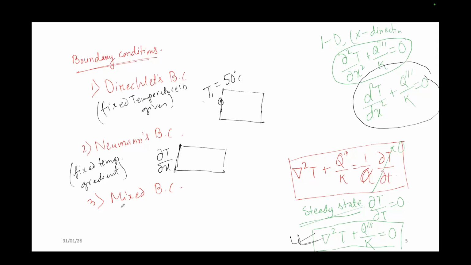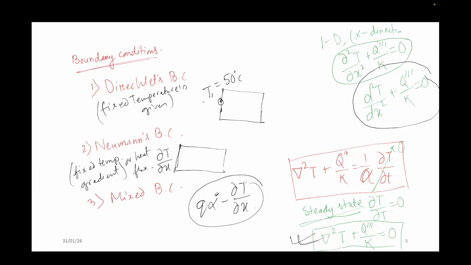This basically implies your heat flux, because you have studied q proportional to, from Fourier's law, right? So if the temperature gradient is given, that indirectly means that heat flux is given also. So Neumann means temperature gradient or heat flux. Have you got the concept?